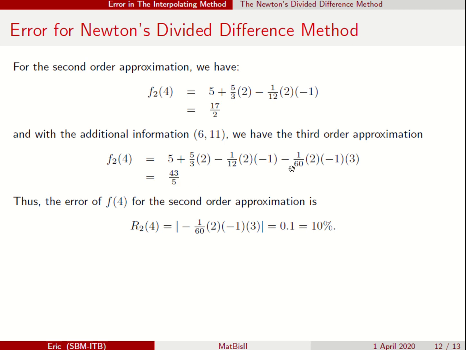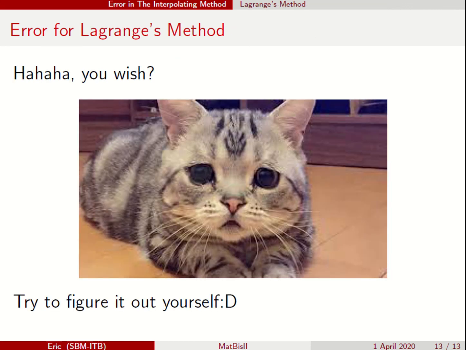And you have this additional term. So the error is this additional term, that is the absolute value of this, that is 10%. Okay, yeah? And for the error for the Lagrange method, it is the same as Newton. Yeah, you can figure it out yourself.